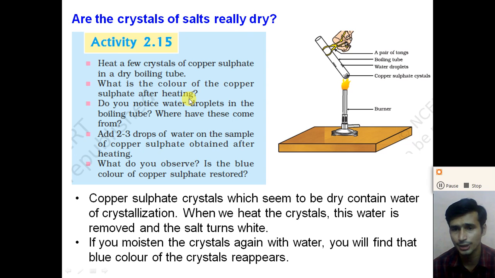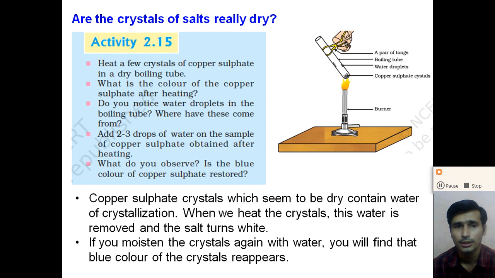Is there any change in color? Do you notice water droplets in the boiling tube? Yes, you will get water droplets in the boiling tube. So we can say that the crystal of copper sulphate has some amount of water molecules.